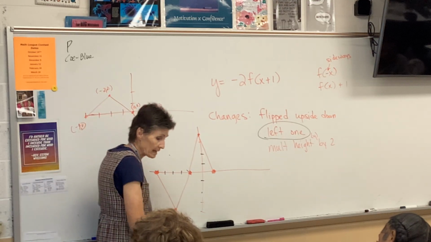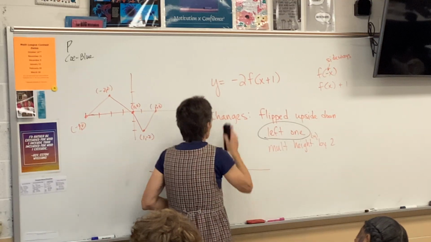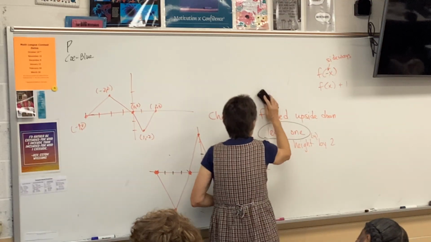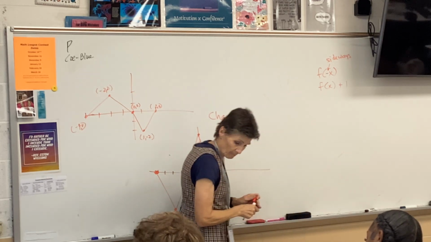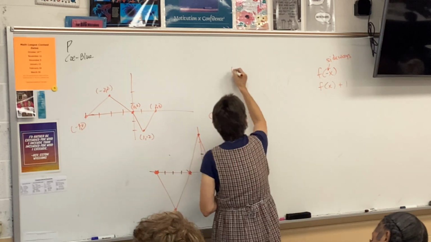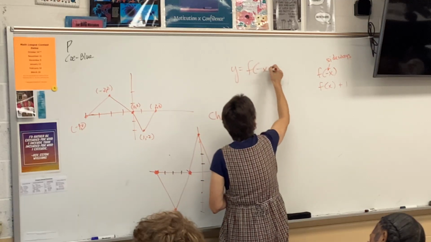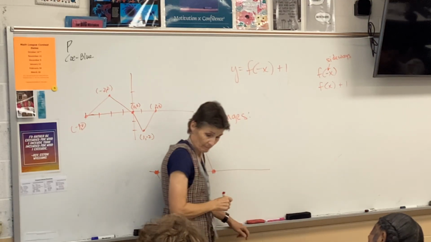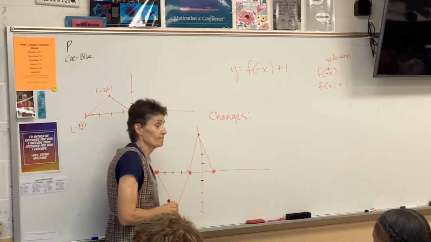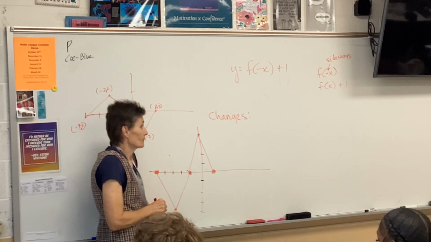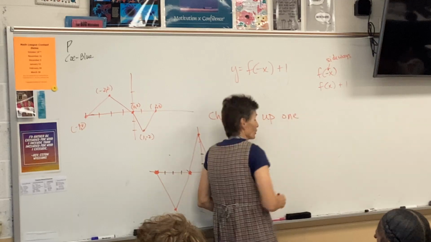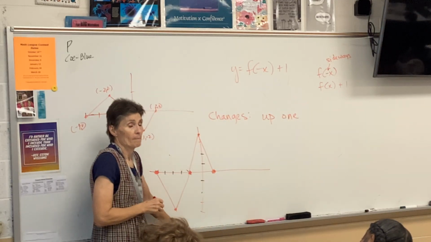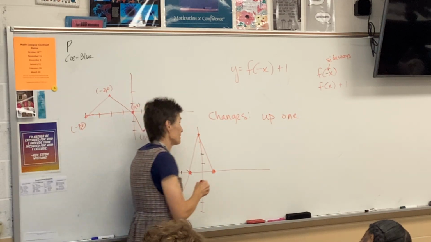All right, let's look at the second equation. Sideways, I want to know. The second equation is negative f of -x plus 1. Up 1, flip sideways. You can list these in any order, it doesn't matter. You're going to go up 1, and flip it sideways, so you're going to have a sideways flip.